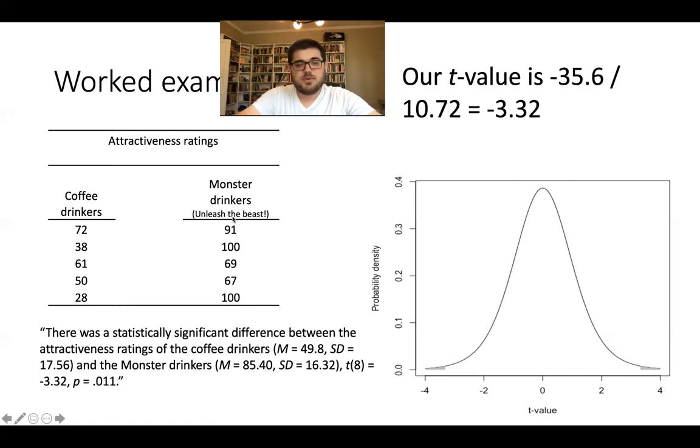That distribution with so few people, only 5 per group, would be very spread out. You'd see differences, 35 plus or minus 10 is kind of the range of differences you'd see between these two groups. That gives you a t-value of negative 3.32.